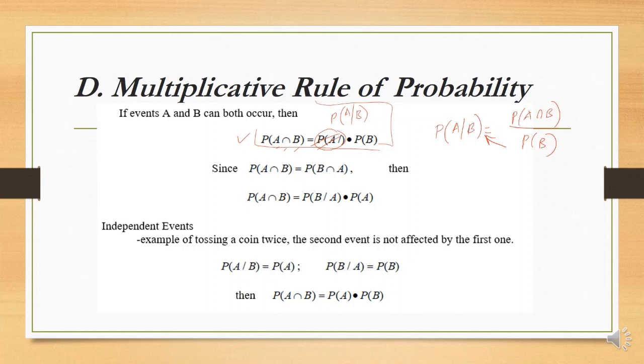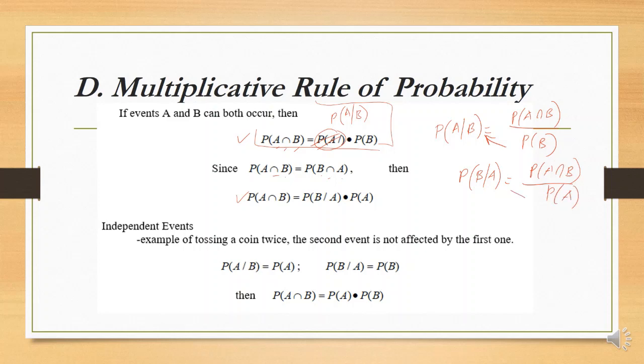Since ang ating A intersection of B is also commutative, no? B intersection of A, then we can change the fact that the probability of A intersection B is also the same when we put this in notation, para mapakita natin bakit same yung nangyari dun sa ating mga previous examples.